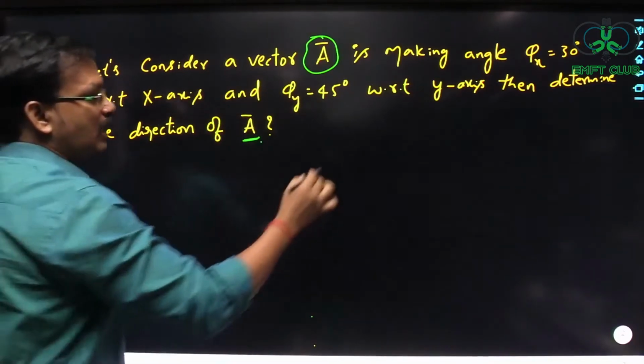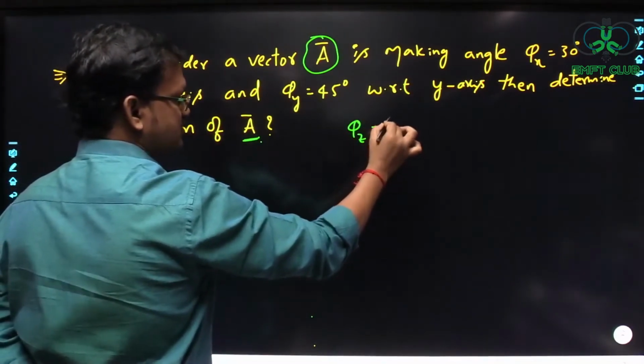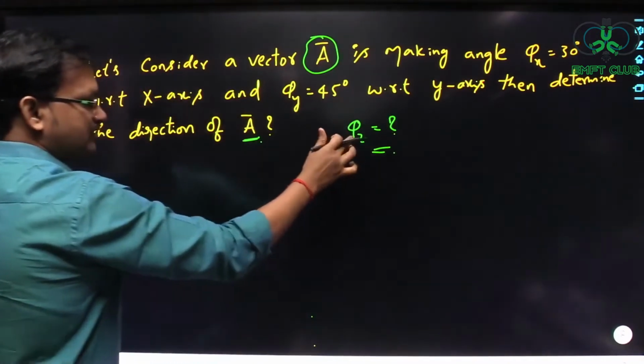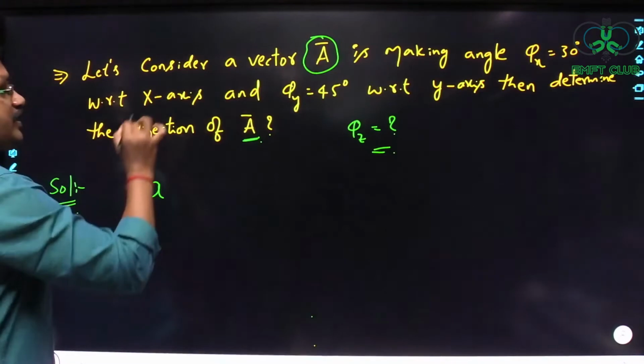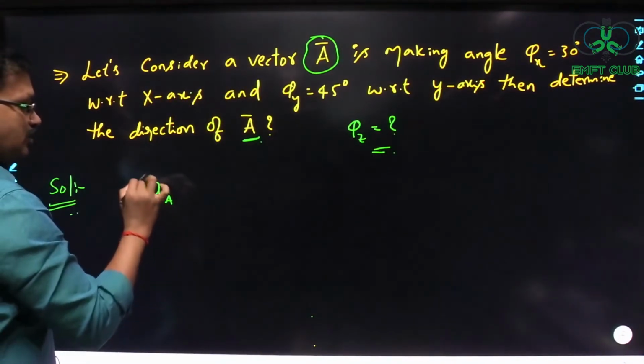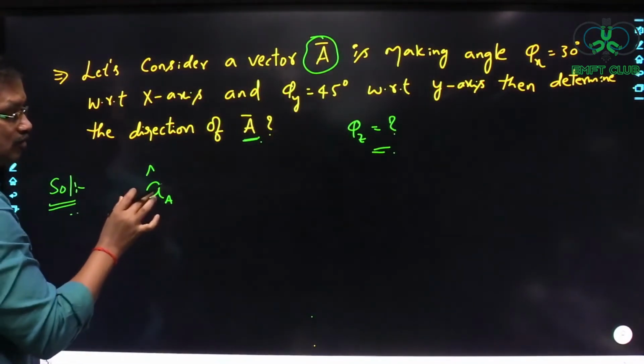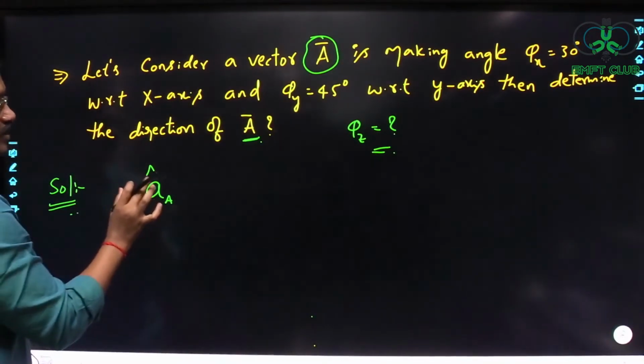We don't know the angle with respect to the z-axis. If you determine this phi z, then you can write the direction along A bar. That is nothing but A-cap, the unit vector along A bar, which is the direction of A bar.